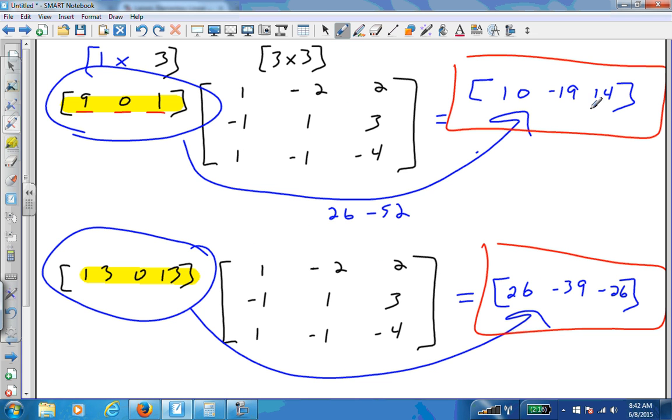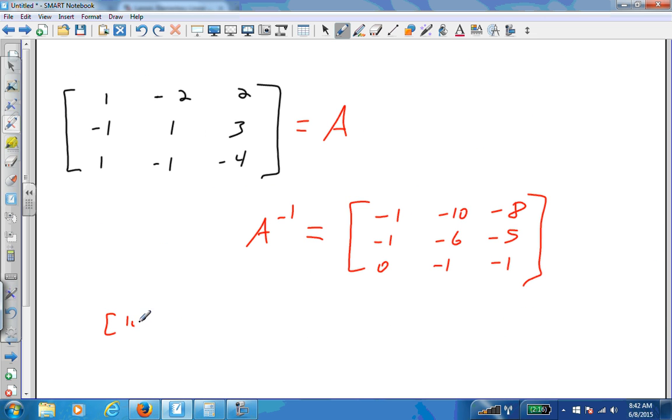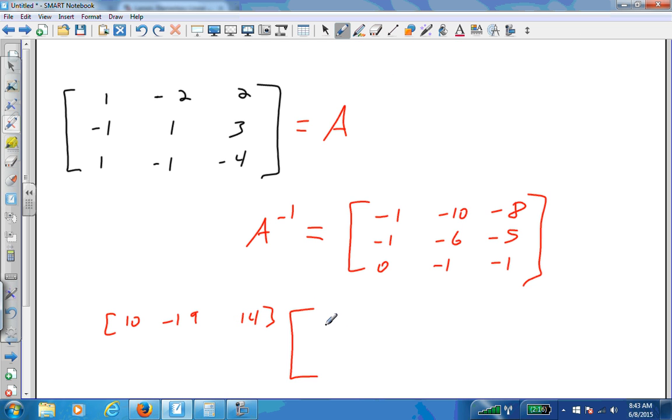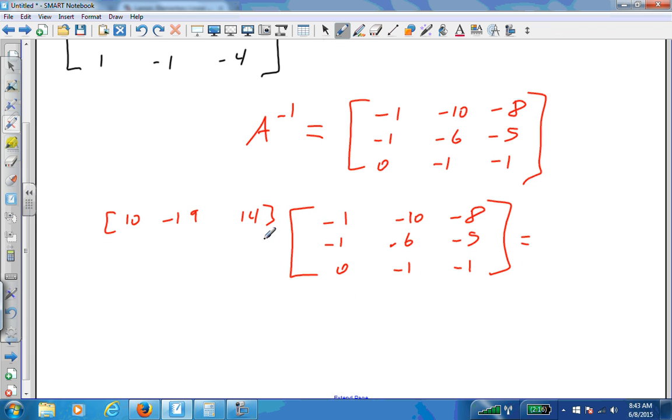So if our coded message is 10, -19, 14, then we'll multiply that by our decoding matrix. And we should get the row vector out that we began with.